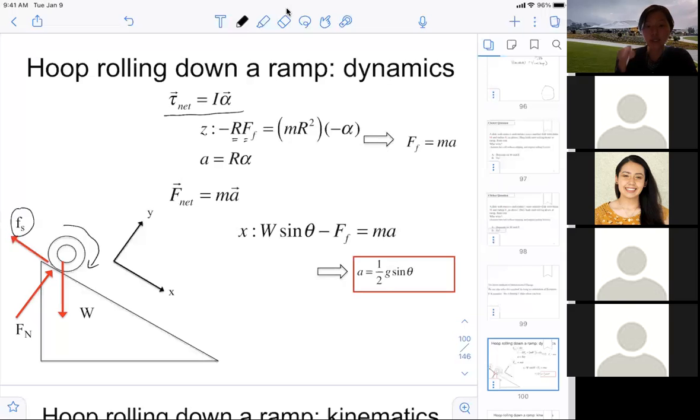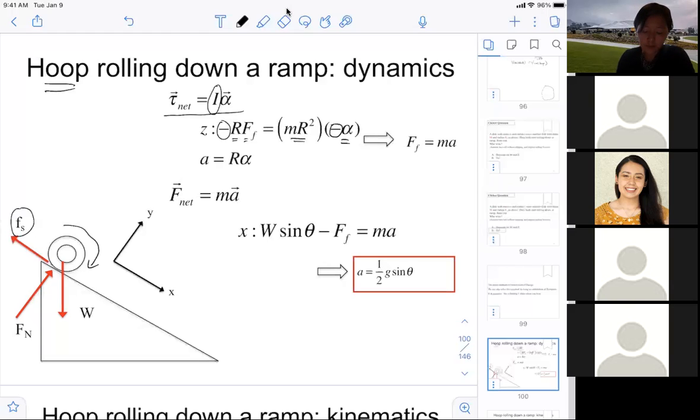The torque corresponds to a clockwise rotation, which is the negative z direction, so I added a negative sign. I for a hoop is mr squared. If it's a disk, you can use 1/2 mr squared, times alpha. And alpha is in the clockwise direction, so it's also a negative alpha.